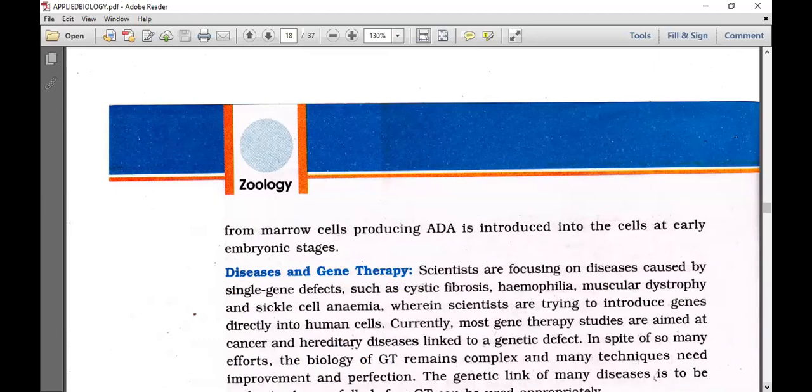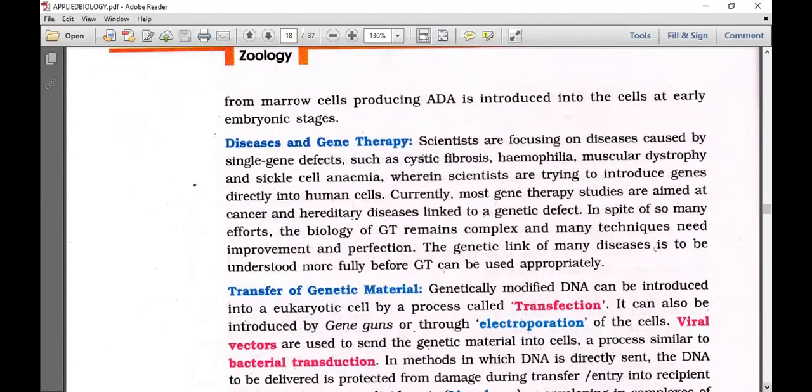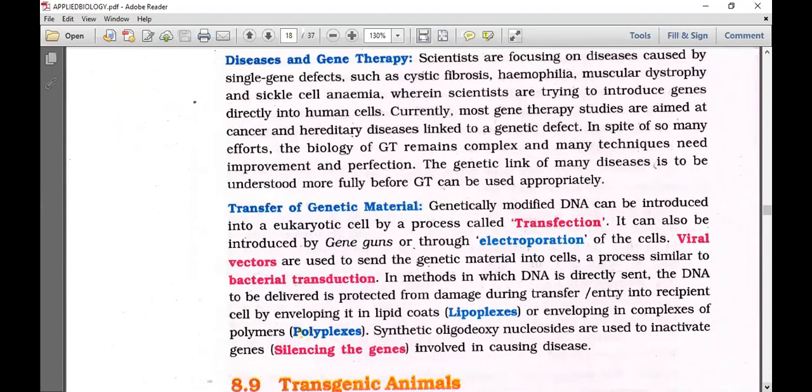Because the new T lymphocytes will come from hemopoietic stem cells only, isn't it? Particularly lymphoid stem cells, but we have to insert it in hemopoietic stem cells. Only that can be a permanent cure. If you do this in embryonic stages, that will be much better.